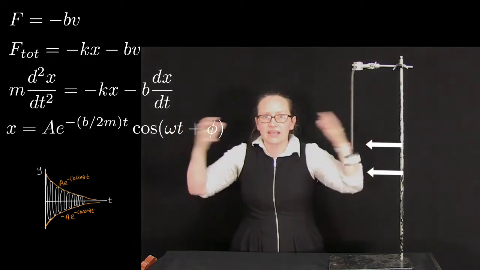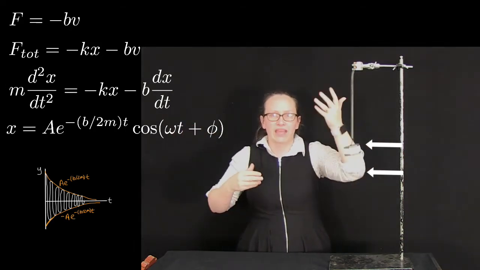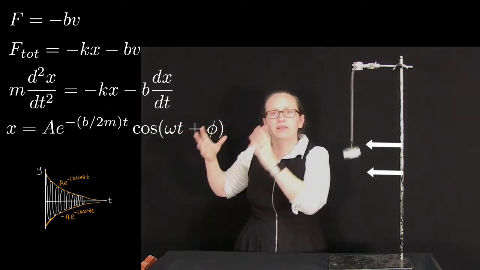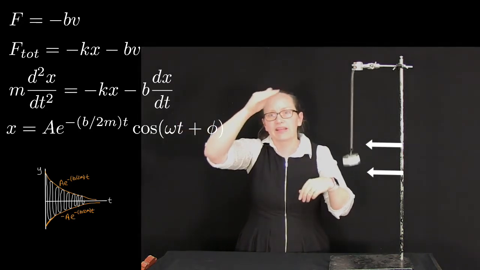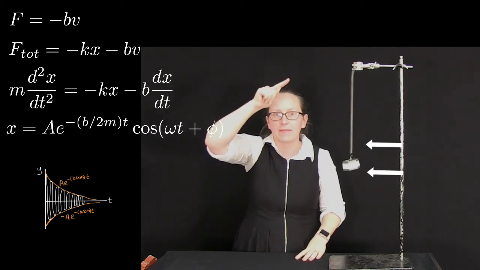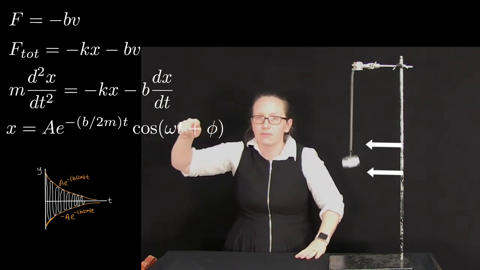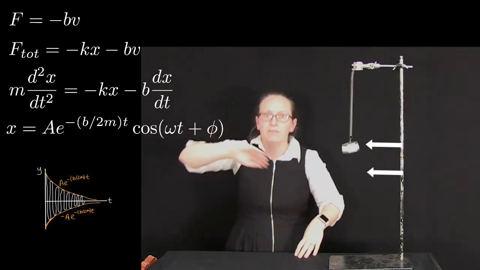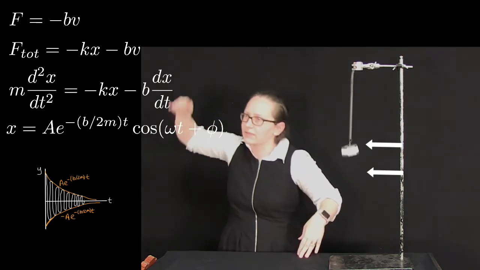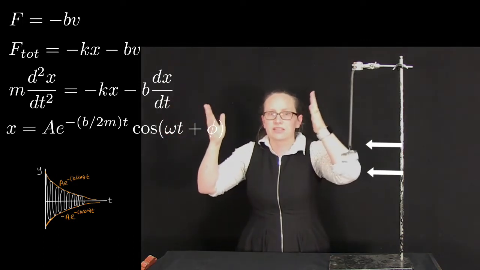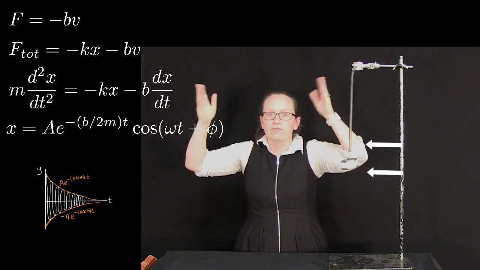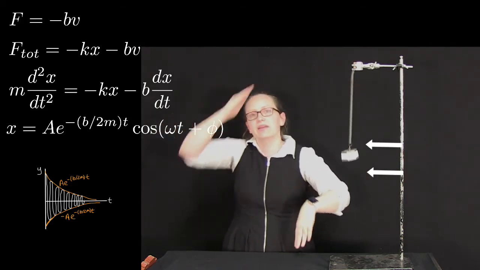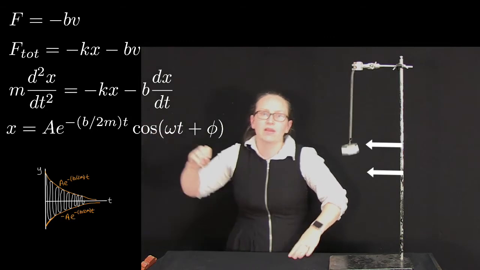As t gets bigger, we're doing A times e to the minus a big number, and that means we've got a really small number. So this part out the front tells us how the amplitude slowly drops off with time. We're multiplying this exponential drop off by the cos function, which is going up and down. You can see here the result of that: an oscillation going up and down, but also dropping off.